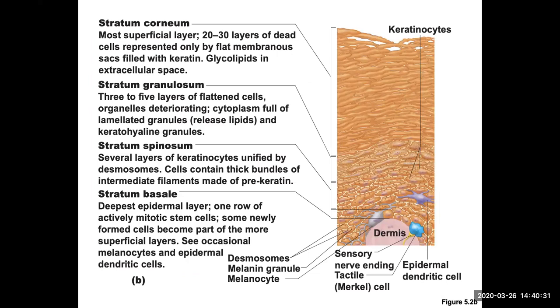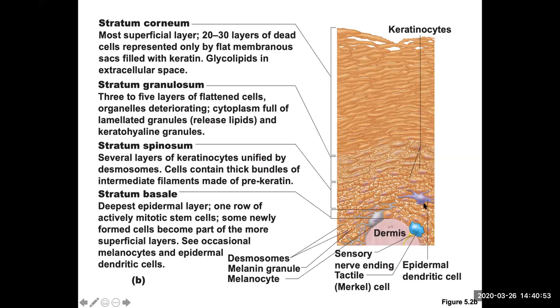Oh, here's a cartoon of the same thing. So we got another description of all these layers. Once again, not including lucidum, it looks like. And in this picture, you can see a melanocyte, a cartoon melanocyte here. So again, this is a cell that produces melanin.